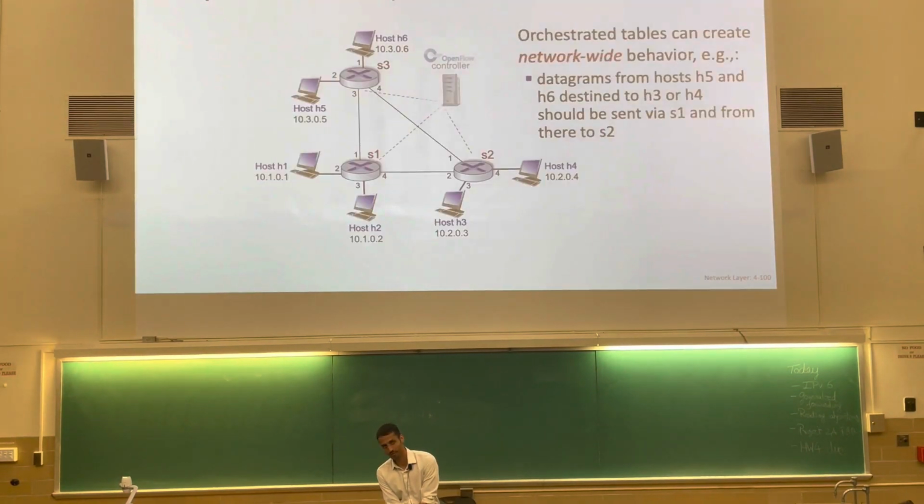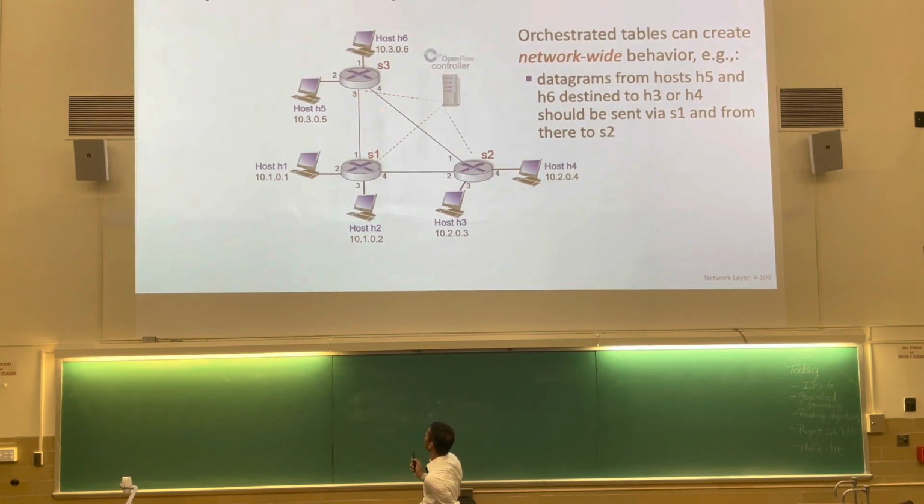So here's a concrete example of an OpenFlow controlled network. Suppose we want to say that packets, datagrams from host 5 and 6, that are destined to host 3 or 4 should go first here and then go here, right? This is not the only option, sorry. There are 2 options. You could first go here, and then go here, or you can take the direct route.